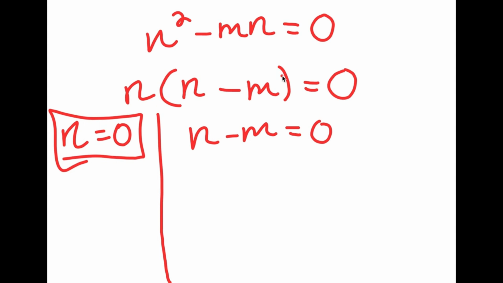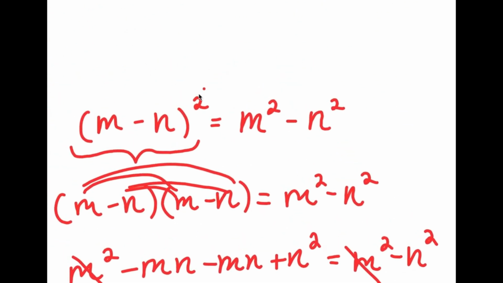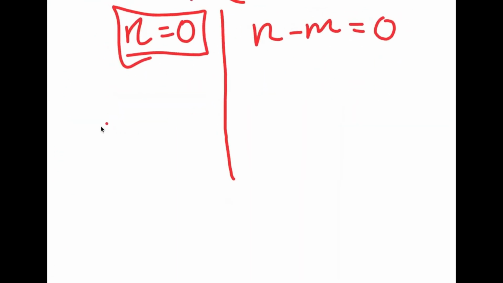Now, going back to our original equation, we have (m − n)² is equal to m² − n².